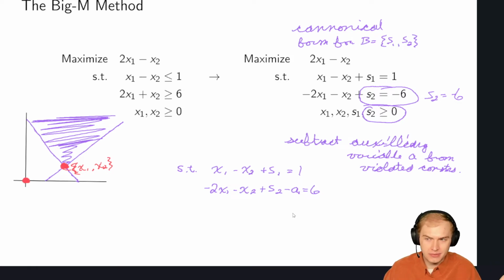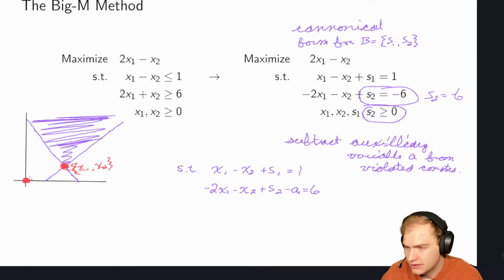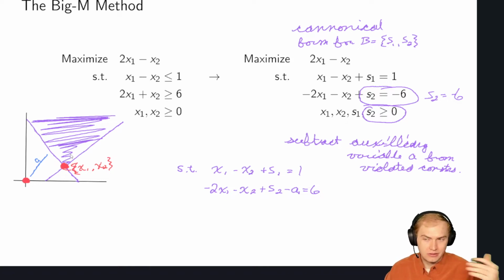It's exactly the opposite in that it is still the distance to our constraint, but it's that distance to being feasible. Whereas the slack is the distance to being infeasible, A is the distance to being feasible, if that makes any sense. In a canonical form, they're always going to be negative.